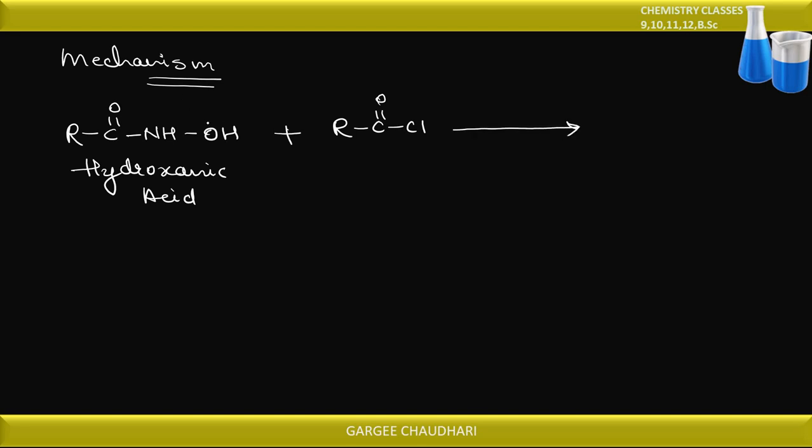Here the lone pair present on the oxygen will attack on the electrophilic center of the carbonyl carbon. The question might occur that the nucleophilicity of nitrogen is more, so the lone pair of nitrogen should donate its electron.